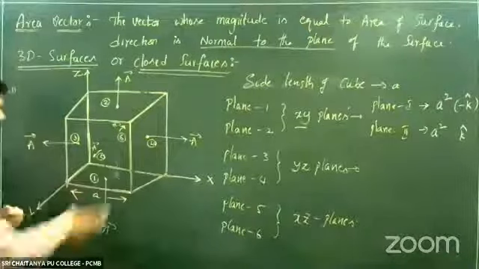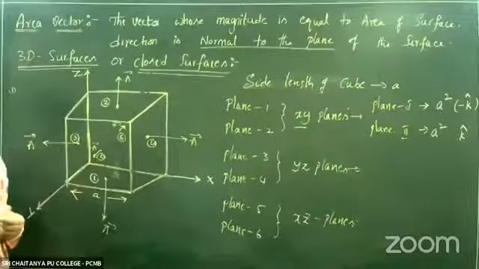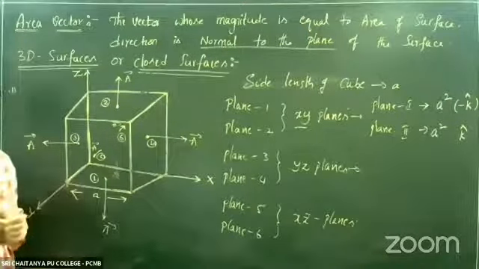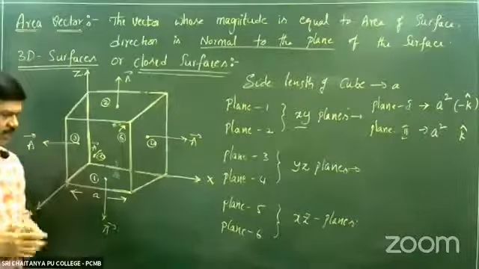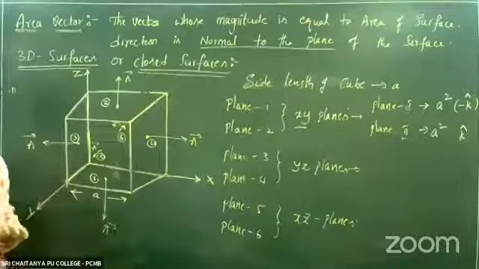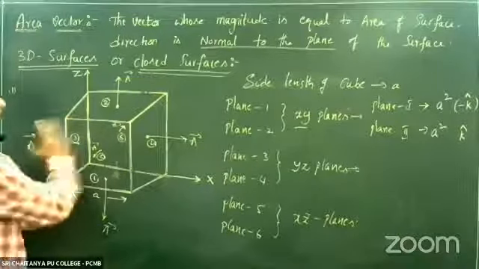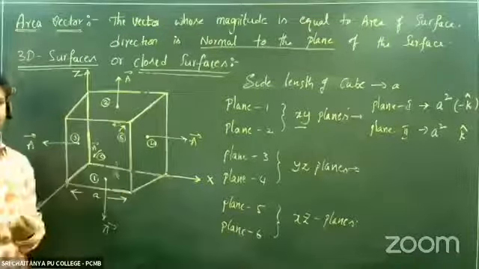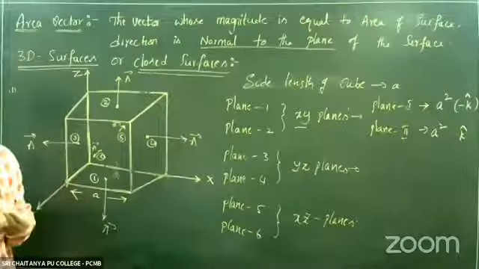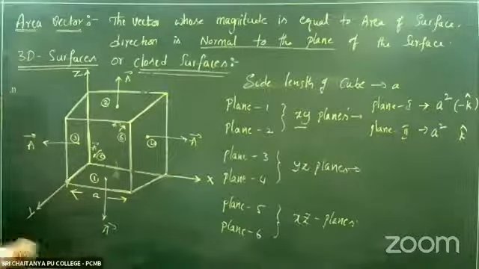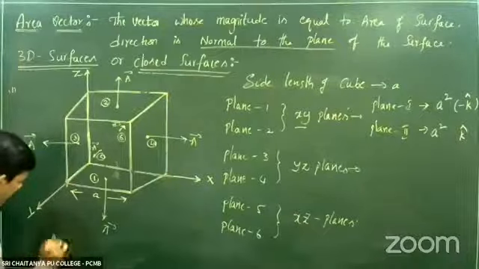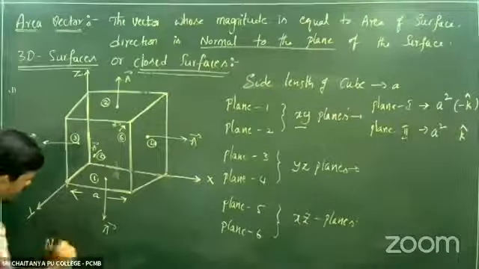Simply to say, for a closed surface, the area vector is the outward normal. For any plane on the surface, the area vector is the outward normal, right? Very important note point.